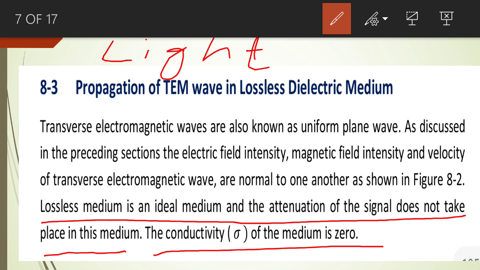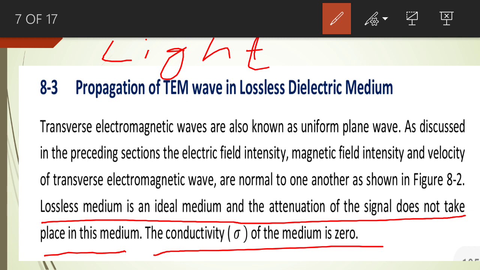This medium does not exist in practice, and the attenuation of the signal does not take place in this medium. The signal does not attenuate in the lossless medium. The loss of the signal will not take place in this particular medium. Mathematically, the conductivity, which is represented by σ, is always equal to 0 in this particular medium.